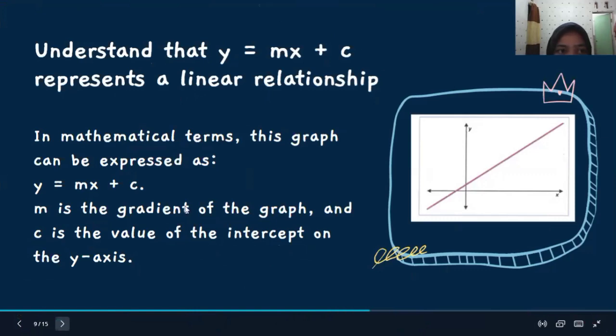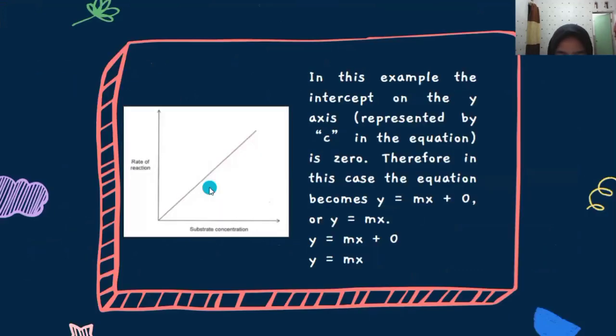In the biology concept, a graph of the rate of reaction against substrate concentration for an enzyme is displayed below. This is an example of the intercept on the y-axis represented by c.